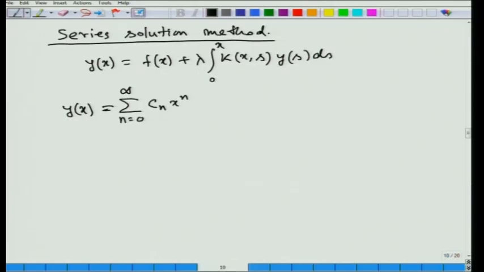We have to derive a recurrence formula, so that once we know the initial values C0, C1, C2, using the recurrence formula we will be able to calculate all the Cn's.